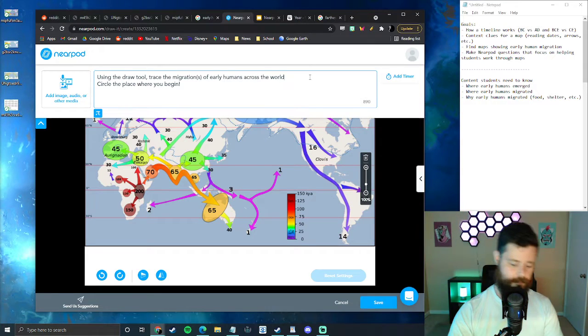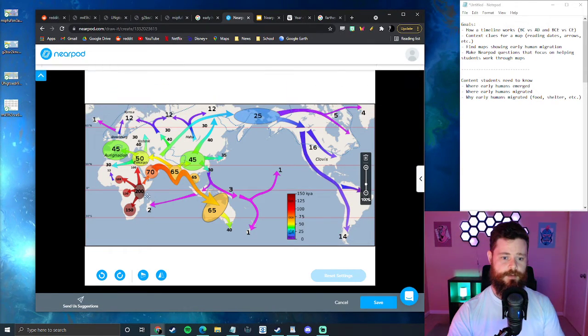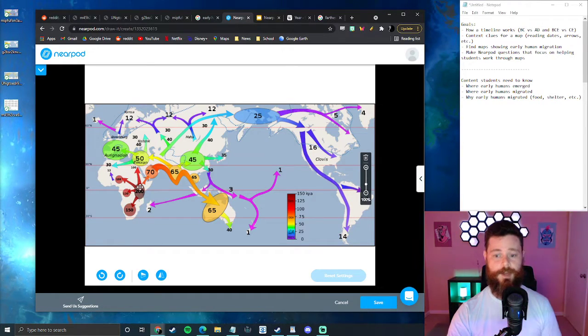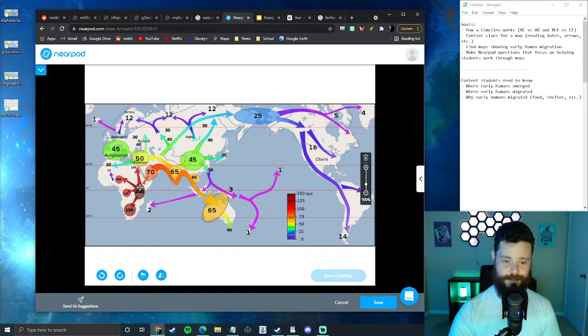Okay. So two things. Circle the place where you begin, so they would probably circle right here. And then, ideally, sometimes some of them take the shortcut, but ideally they would trace over most, if not all, of these arrows, kind of showing the different directions that are being taken.